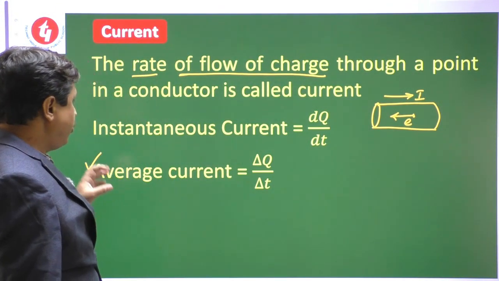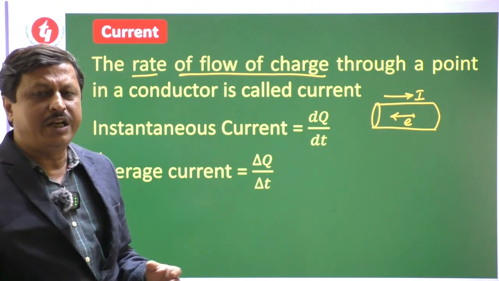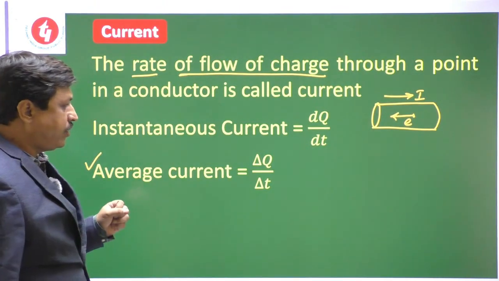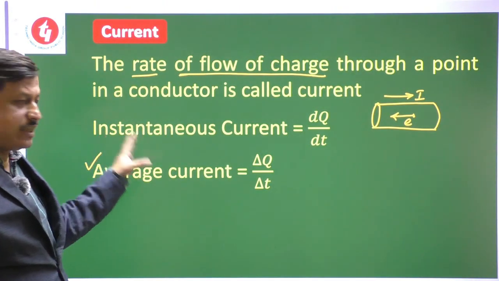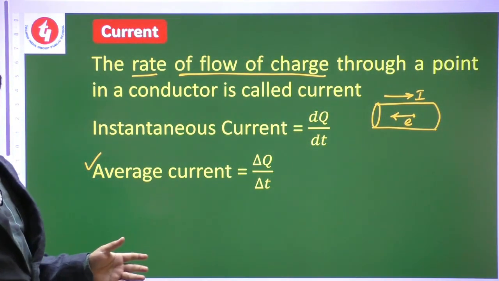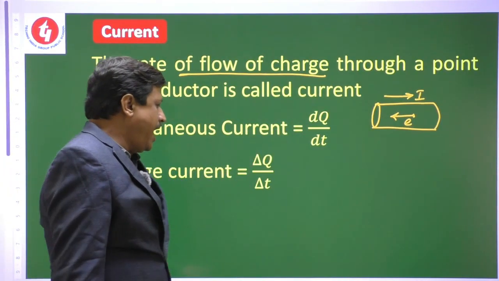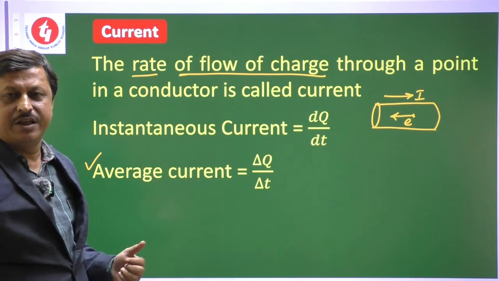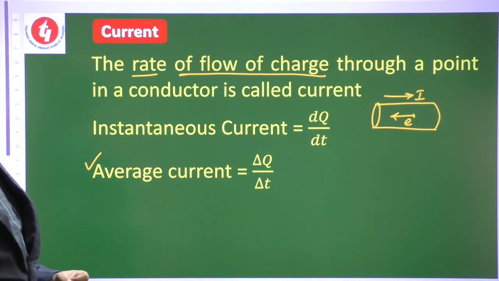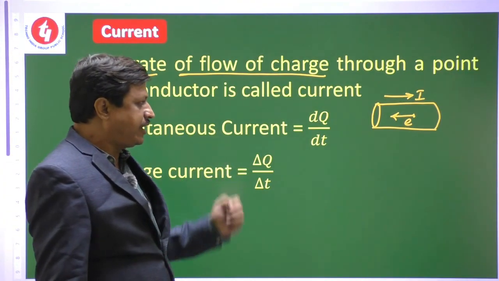If current flows through a conductor in a varying mode, then we can calculate instantaneous current or average current. Instantaneous current means current at an instant, that is dq/dt, and average current means current in a time duration, that is delta q by delta t.